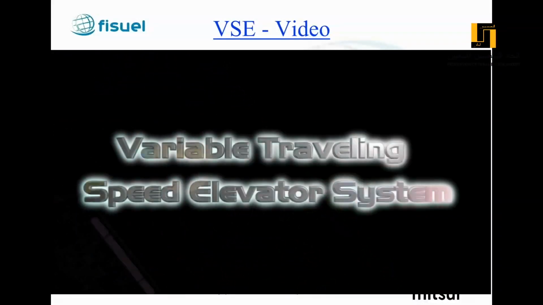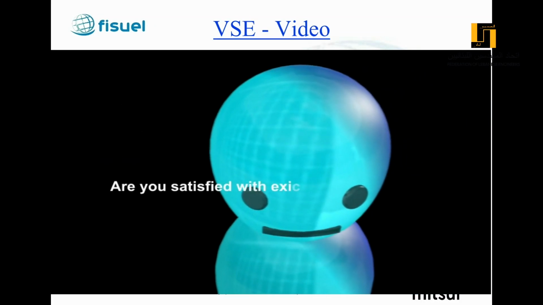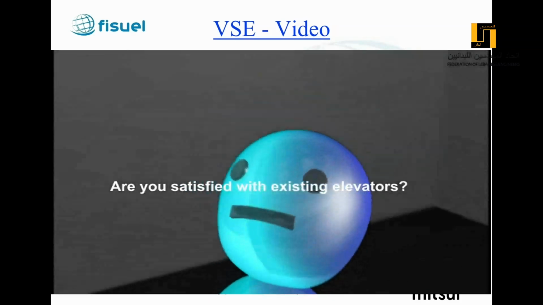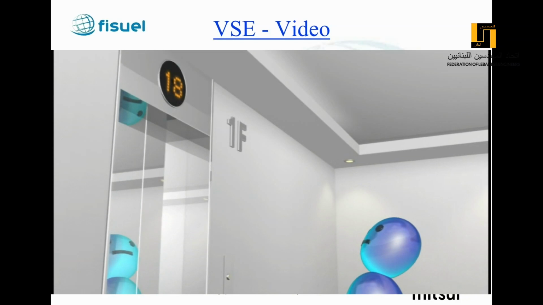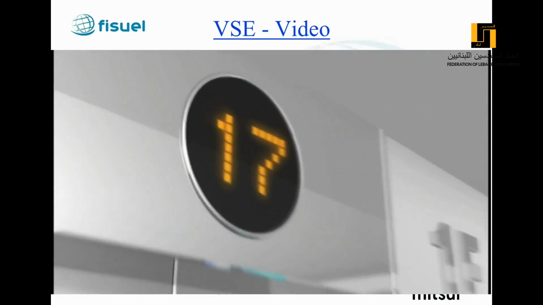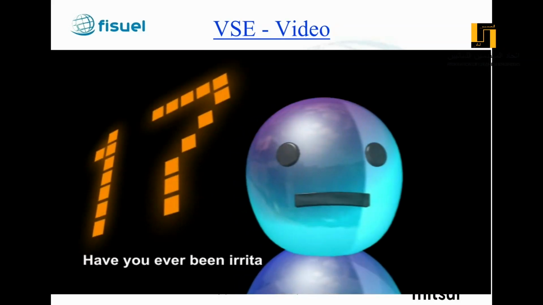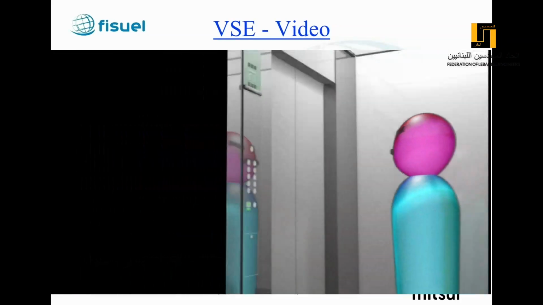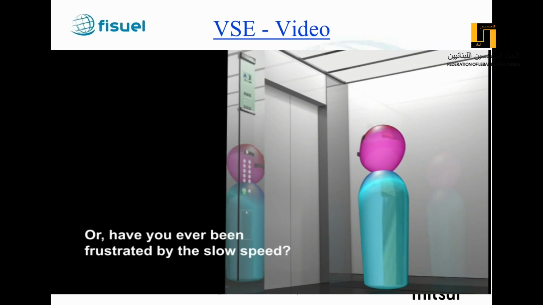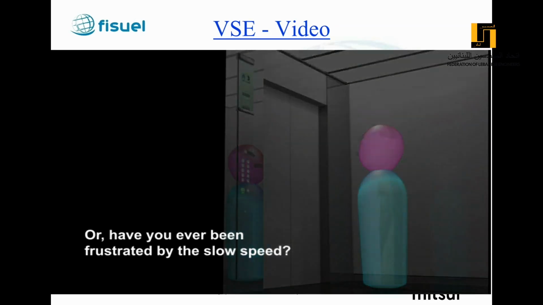Variable Traveling Speed Elevator System. Are you satisfied with existing elevators? Have you ever been irritated by long waiting time? Or have you ever been frustrated by the slow speed?